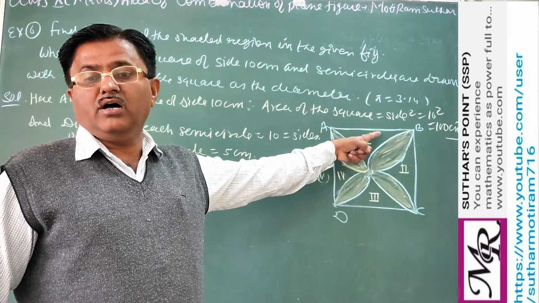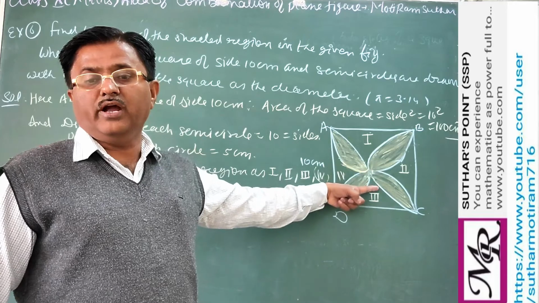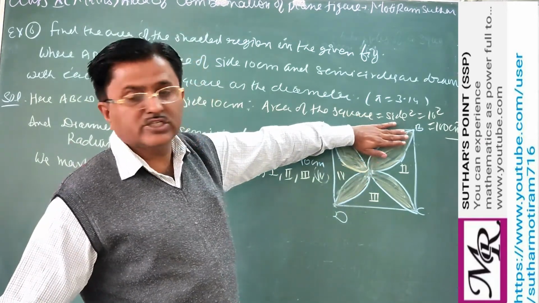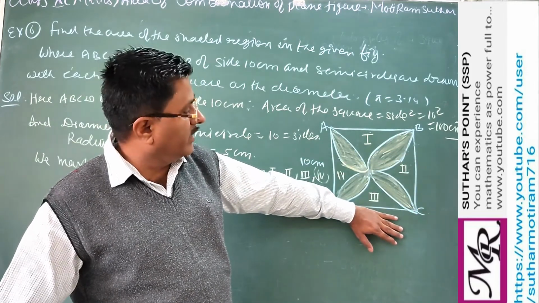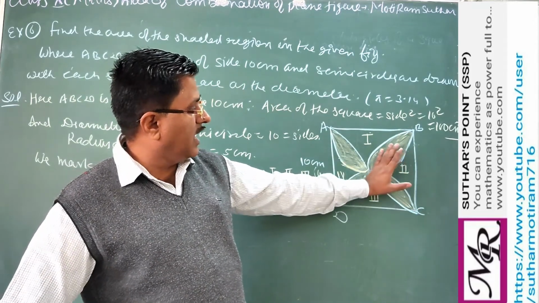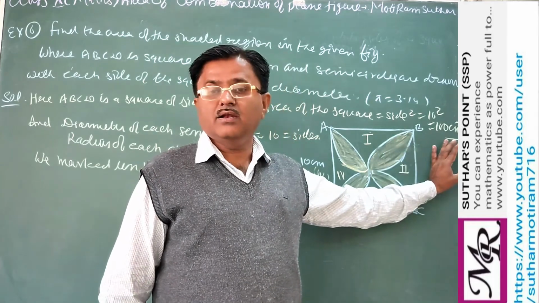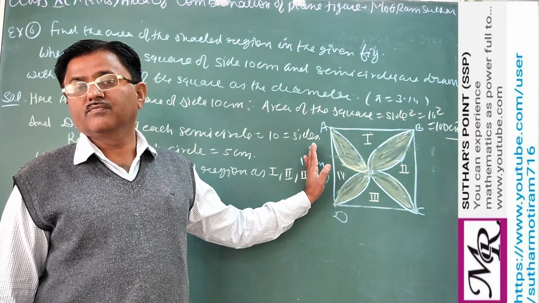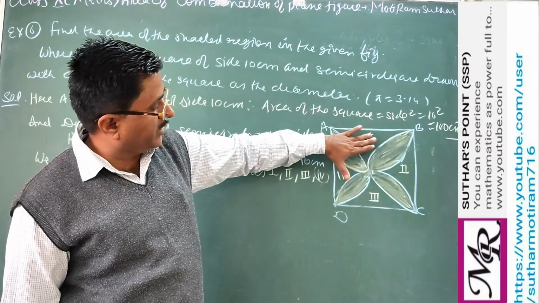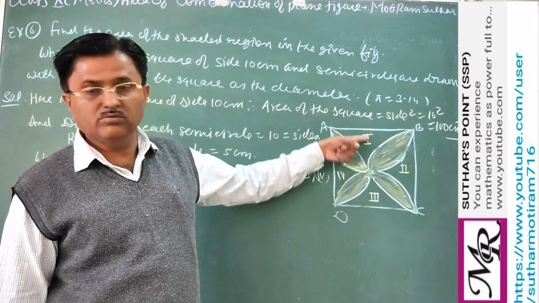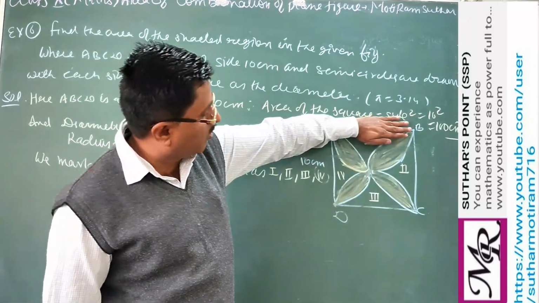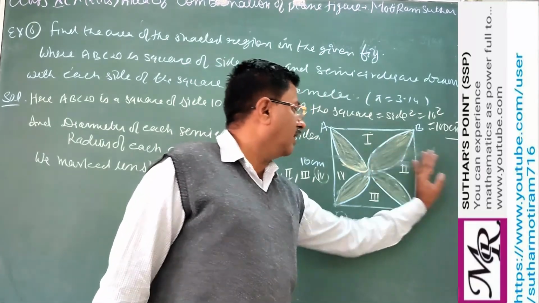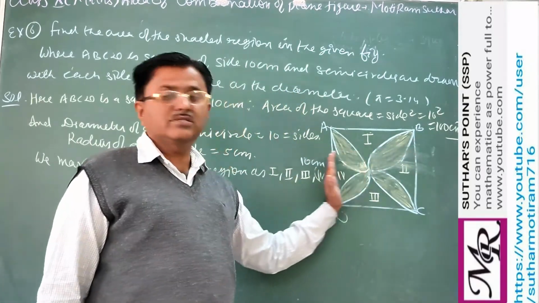Area of the unshaded region 1 and 3 is equal to area of the whole square minus area of this semicircle and this semicircle. Very carefully see, we are finding area of the whole square minus area of this semicircle and this semicircle.